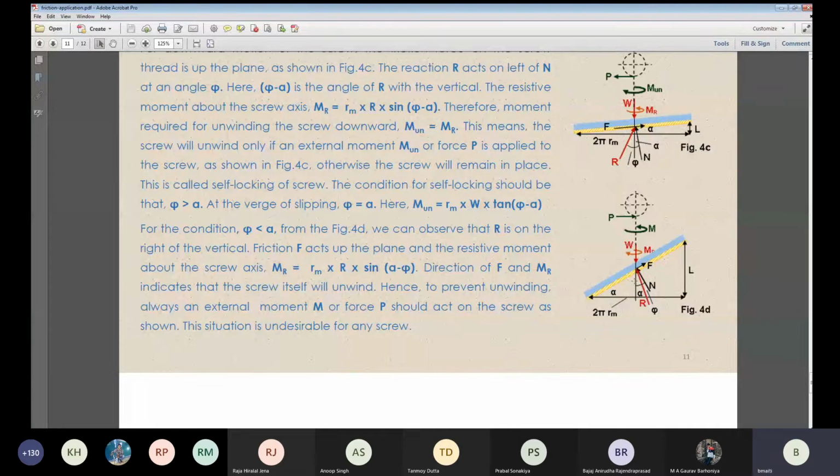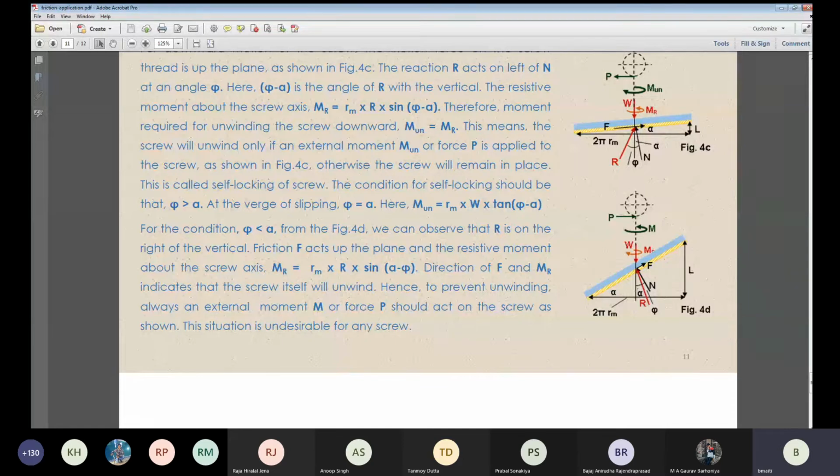Phi is the angle between the normal and R. R is the resultant of the friction and normal, the resultant force. This is the red color resultant.